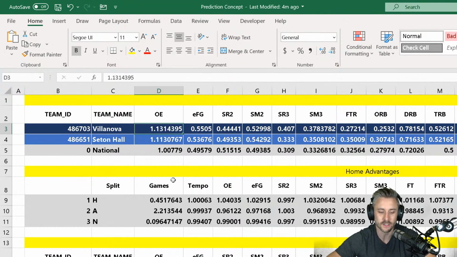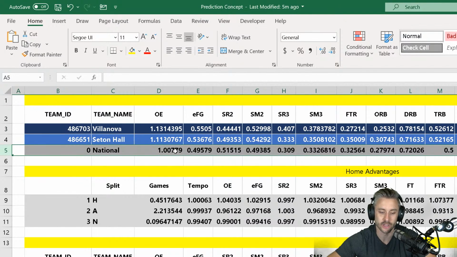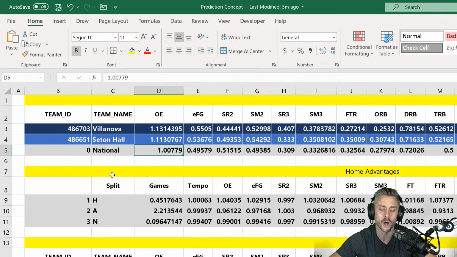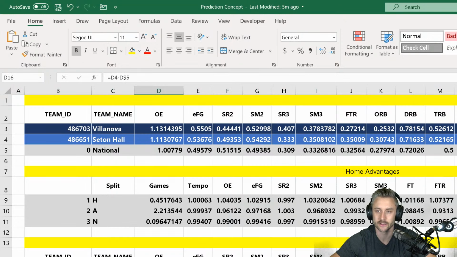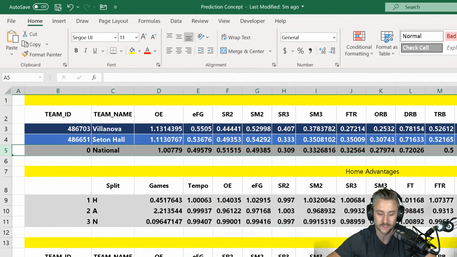Adjusted, right? And you calculate that by using the national averages. So the national average offensive efficiency is right about 1. So Villanova is 12.3 points above average in offensive efficiency, which is what this column is right here. It shows how each team's stat compares to the national average, row 5. Right?